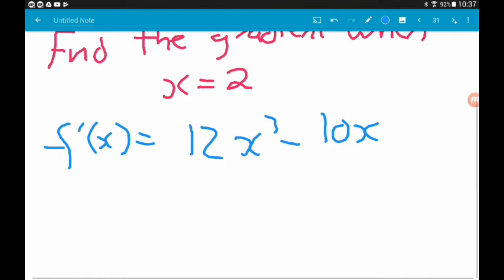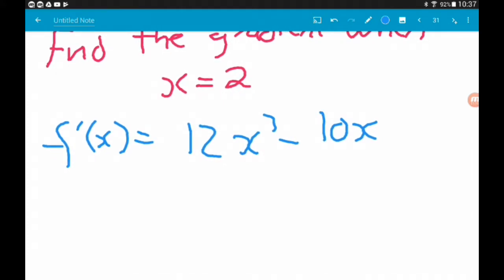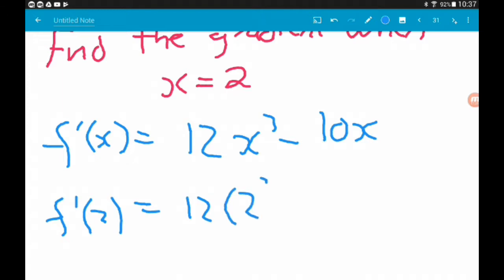Now we want the gradient when x is equal to 2, so we calculate f dash of 2. So we're going to get 12 lots of 2 cubed minus 10 lots of 2.